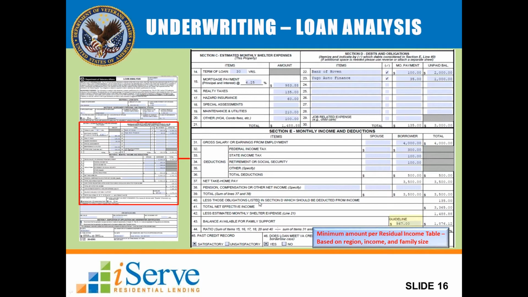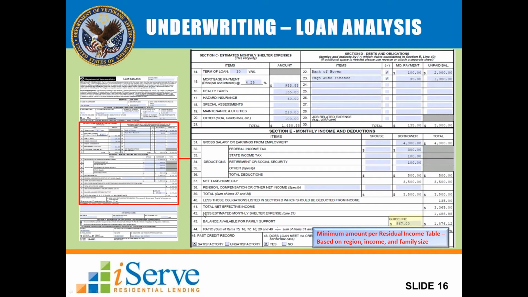Line 40, we are going to subtract out any debts that we're hitting them with in Section D. So in this case, that $135 carries down. And we come up with their total net effective income at $3,365. So as you can see, we're taking this total in line 39, subtracting out our other obligations to come up with our net effective income.